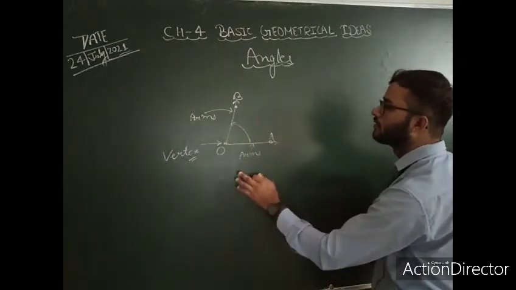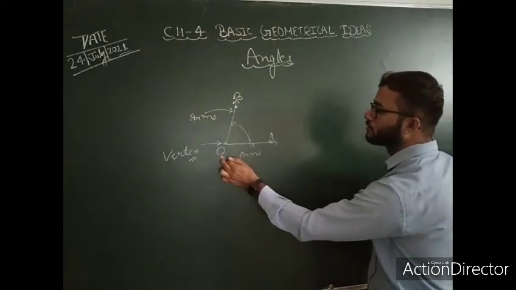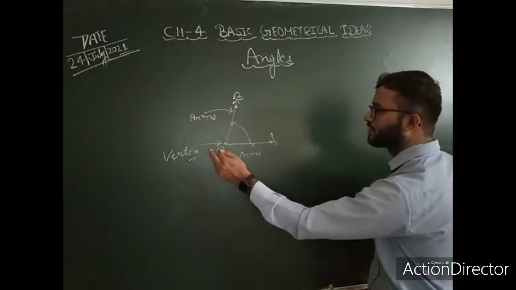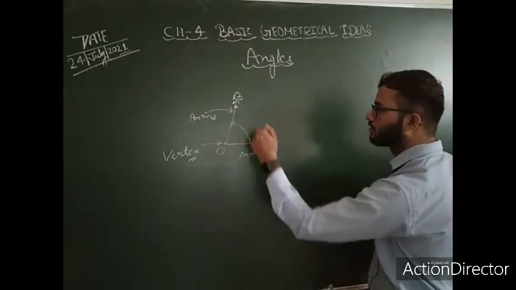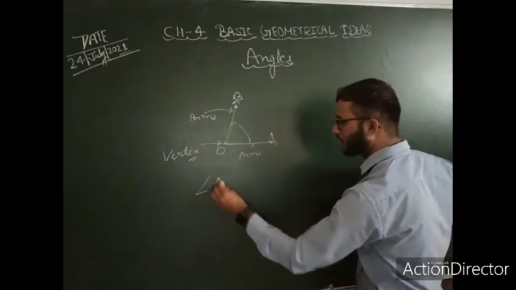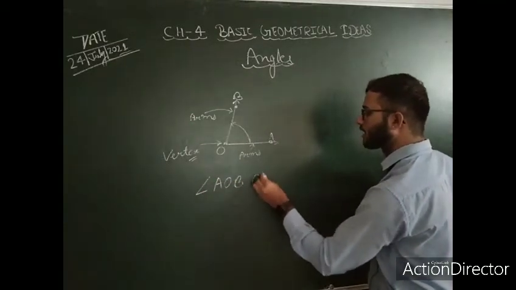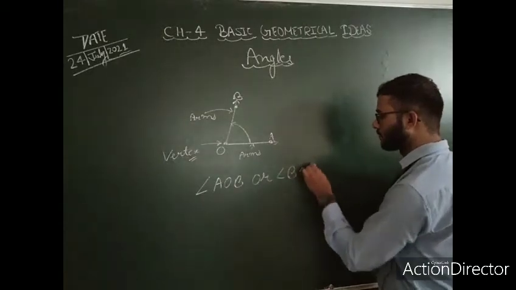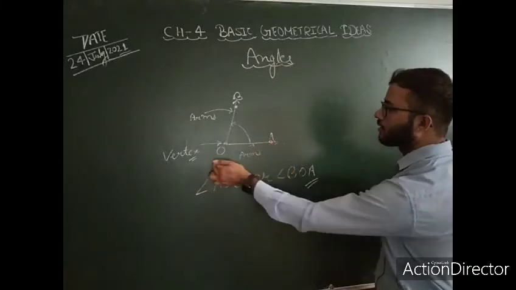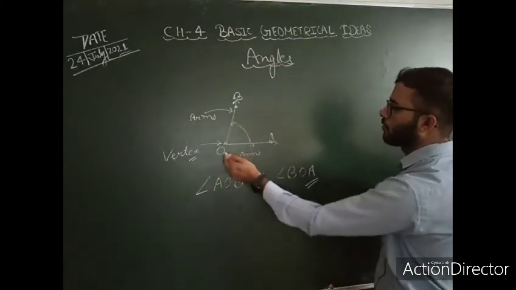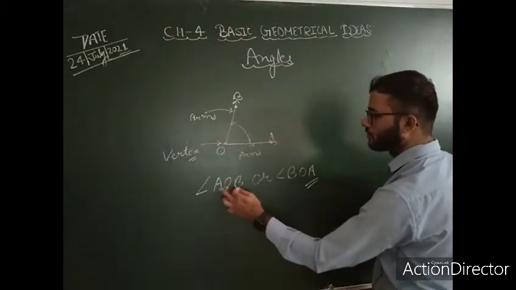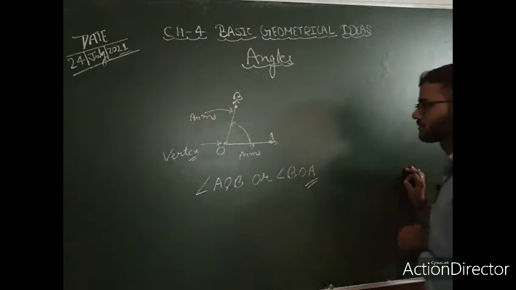Remember one thing here: every time we put the O, the vertex, in the middle of the other two points. So we write angle AOB or angle BOA. We write the vertex in the middle of these two points on the arms.